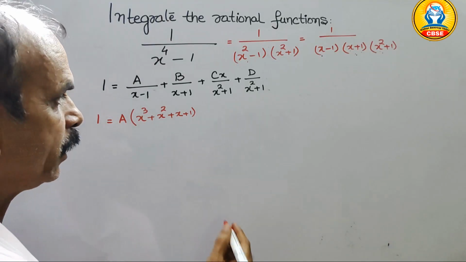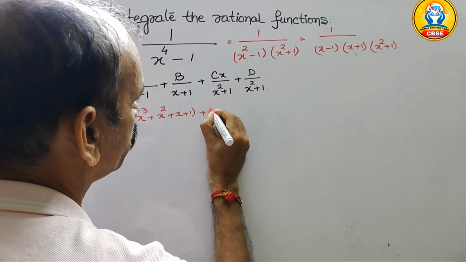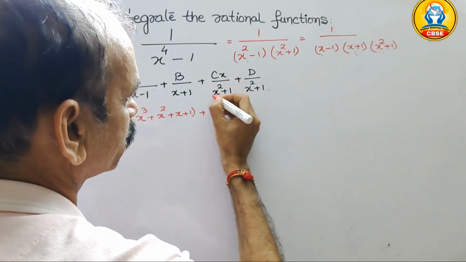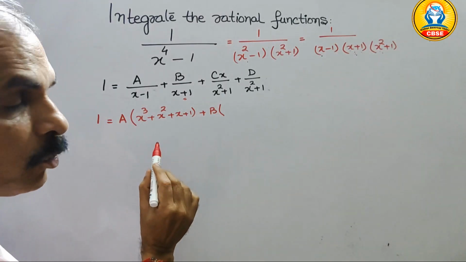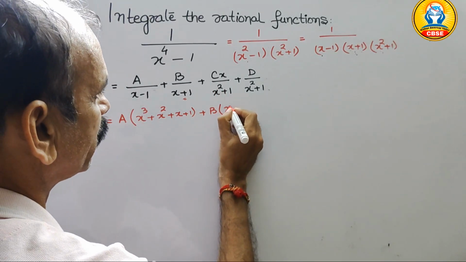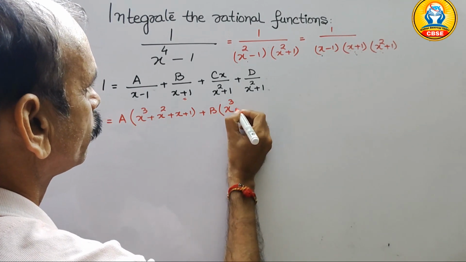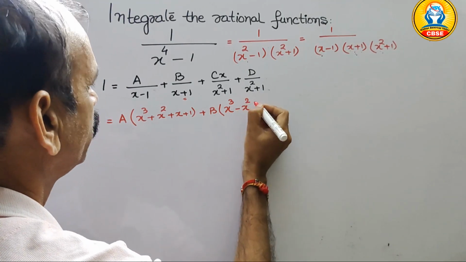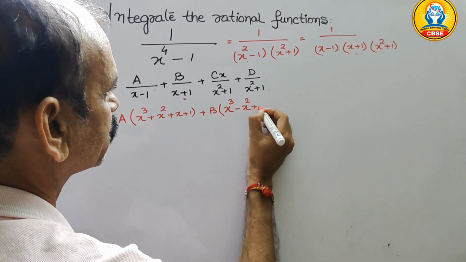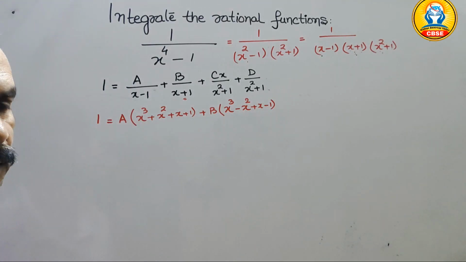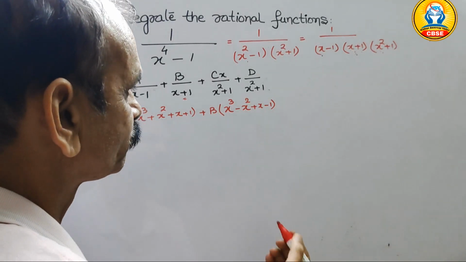Now comes your B, so plus B. B contains x plus 1, so now we have to multiply this and this. Here it will be x cube, next minus x square, next plus x and minus 1. Next comes your Cx.